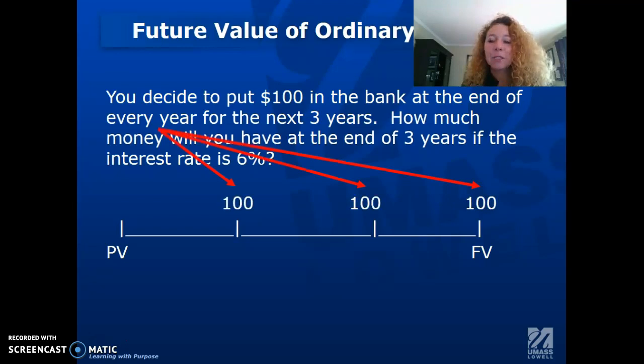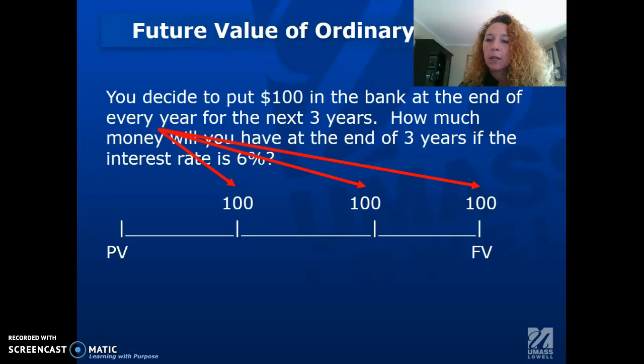All right. It should be on those lines that you see right there, on the second, third, and fourth, but the end of year 1, the end of year 2, and the end of year 3, because it's every year for 3 years. Okay. Then we're going to put the X, the how much. How much money do we have at the end of 3 years? And so where does the X go? Does it go over the PV line, or does it go over the next line, or the third line, or the fourth line?